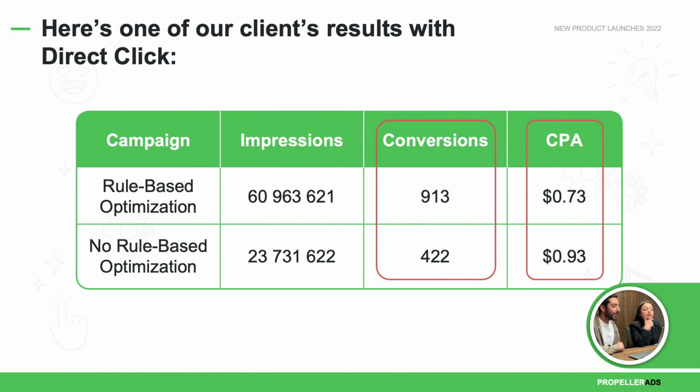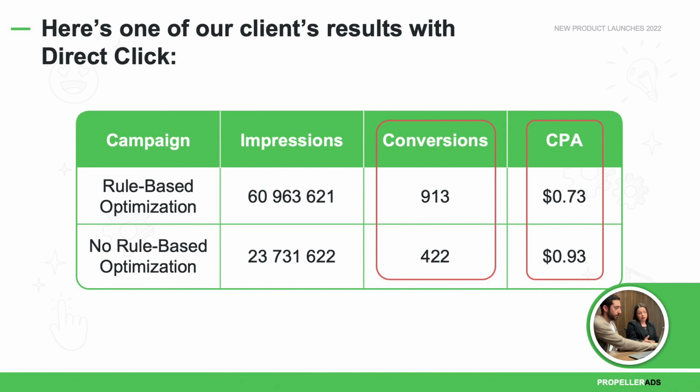Yes, we also have a case study. One more example. This was an example with sweepstakes offers. It also works really nicely with our traffic. And as you can see, I love this example, I will explain why. Because with rule-based optimization, our advertiser got 3 times more traffic, 2 times more conversions, and his expected CPA was 0.8, and the real CPA he got was like 7 cents less.